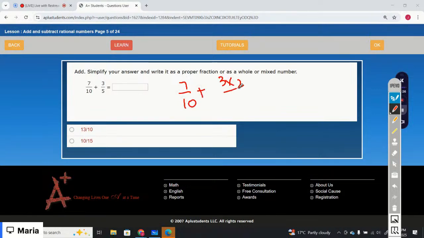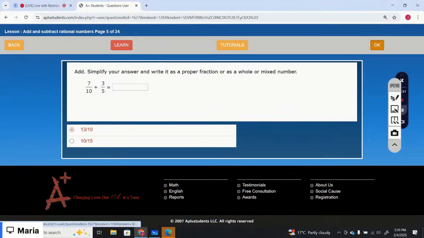You have to do 3 times 2 divided by 5 times 2. 7 over 10 plus 6 over 10 is 13 over 10. That is 13 by 10. Option number 1 is the correct option.